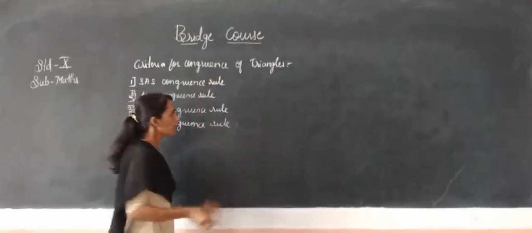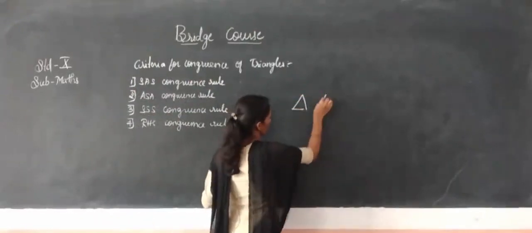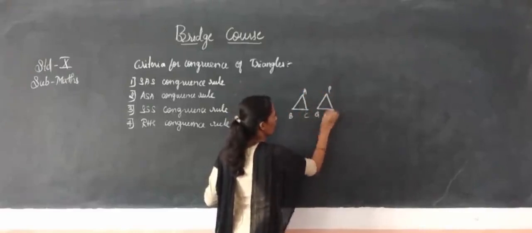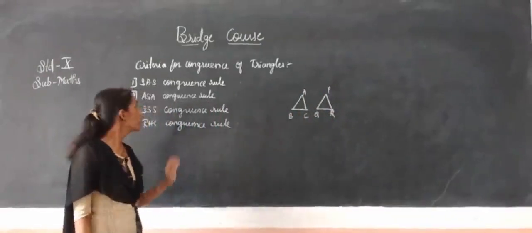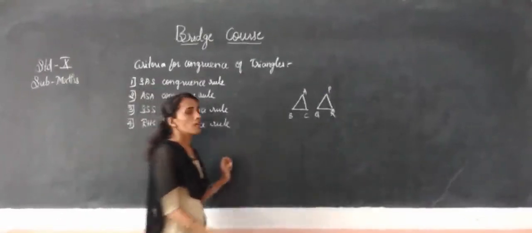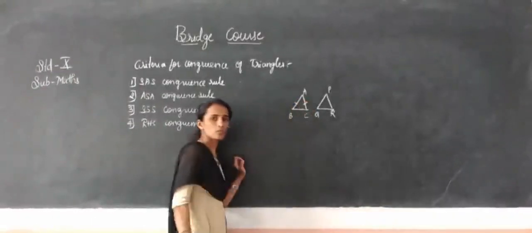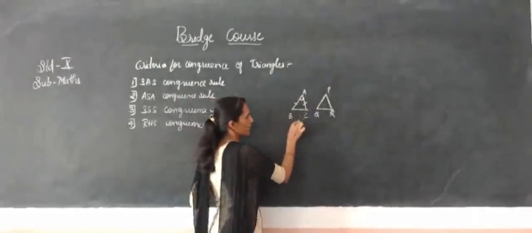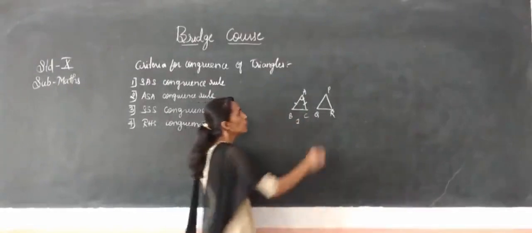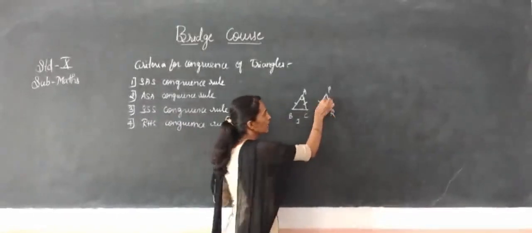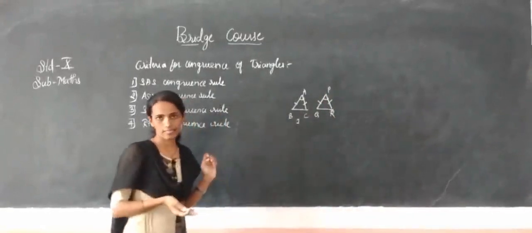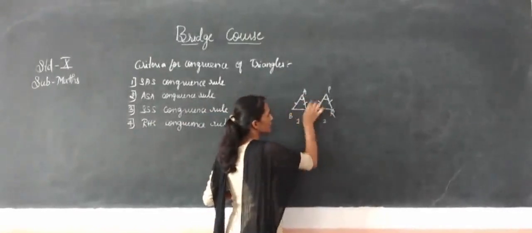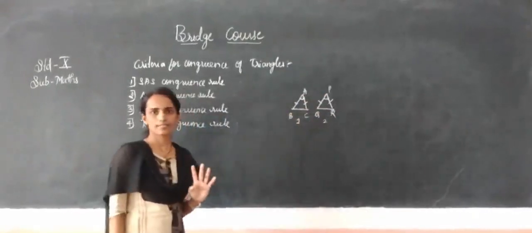SAS congruency rule means if you consider two triangles, ABC and PQR, and if two sides and the included angle of one triangle are equal to the corresponding two sides and included angle of the other triangle, triangle ABC and triangle PQR, then the two triangles are said to be congruent.